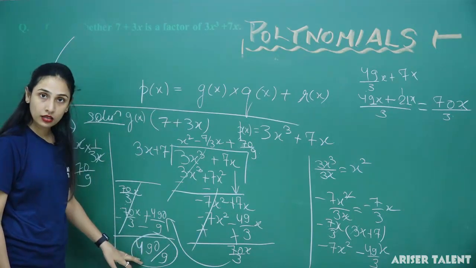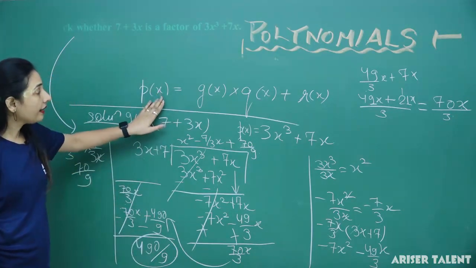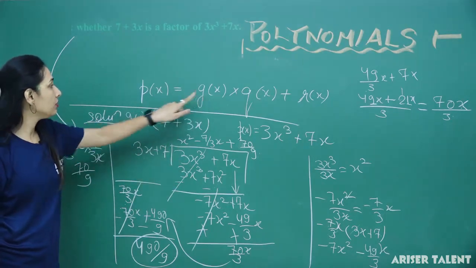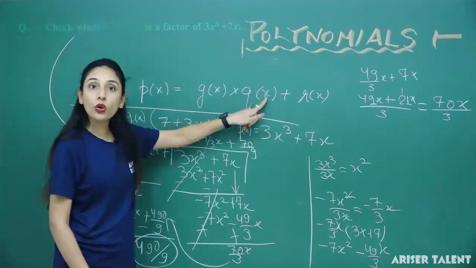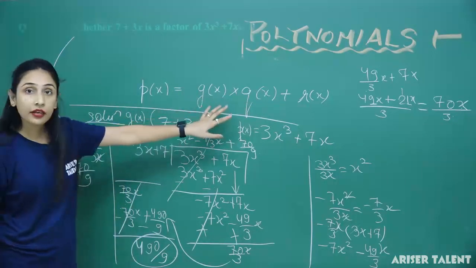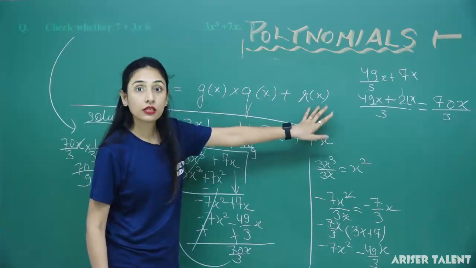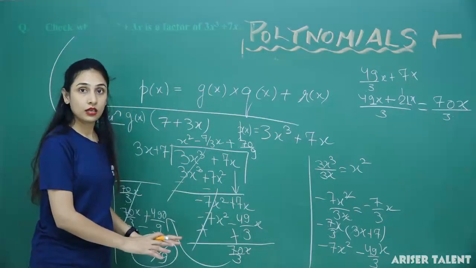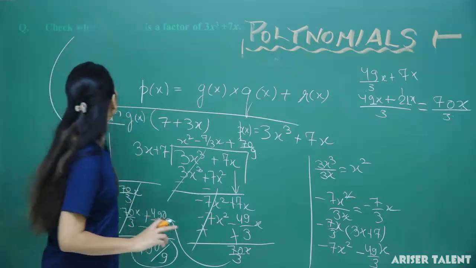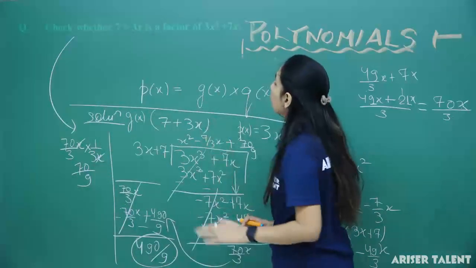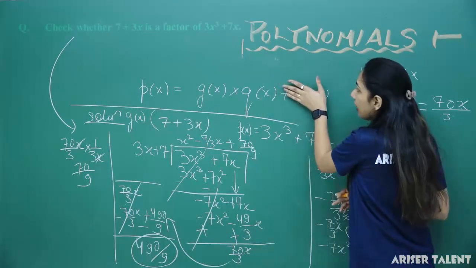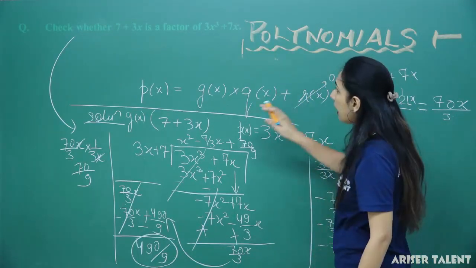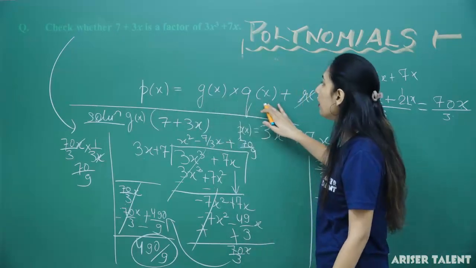If it's a remainder, that means this is Px, this is your Gx, this is your Qx. After having that, you are having some Rx. That means you are having some remainder, whatever it is. But the question has been asked, check whether this is a factor of this. Now, if this Rx is 0, then Px equals Gx multiplied by Qx.